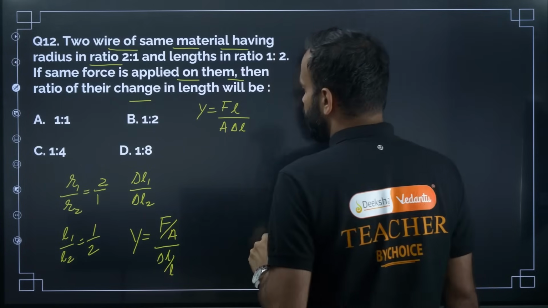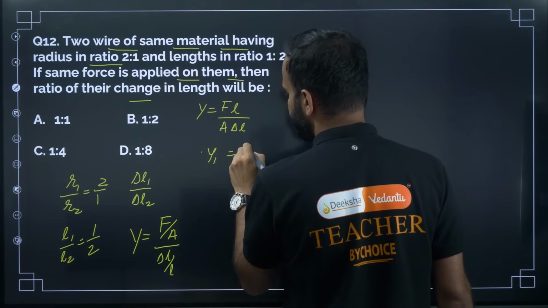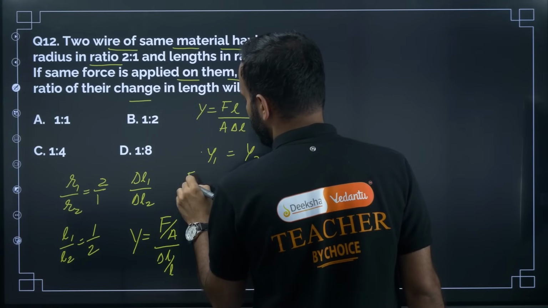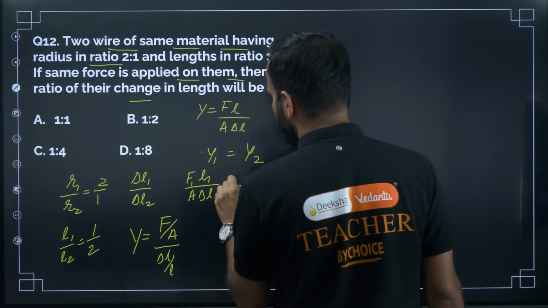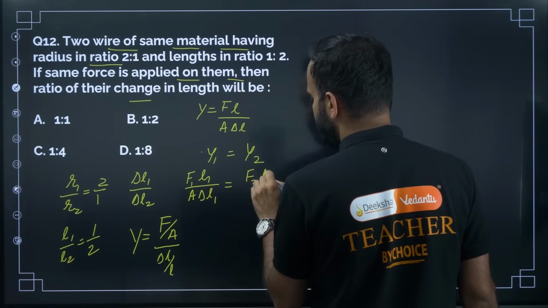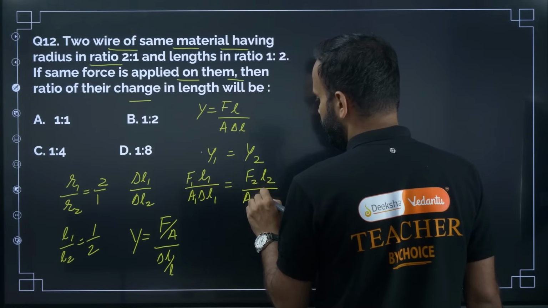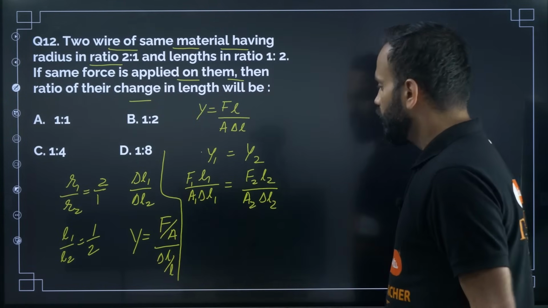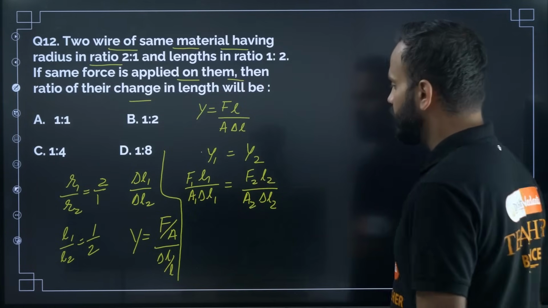Now Y1 is equal to Y2, right? So Y1 is F1 into L1 divided by A1 into delta L1, which is equal to F2 L2 divided by A2 into delta L2. F1 equals F2 because the applied force is the same, right?